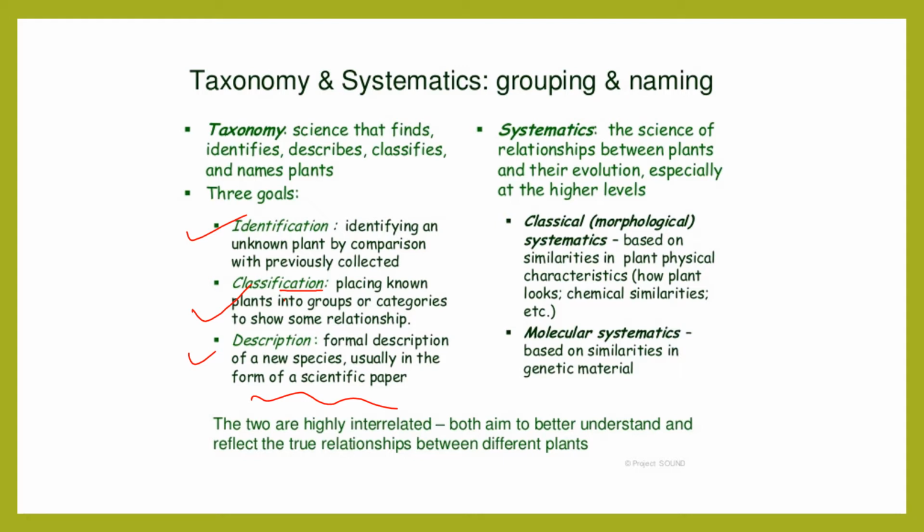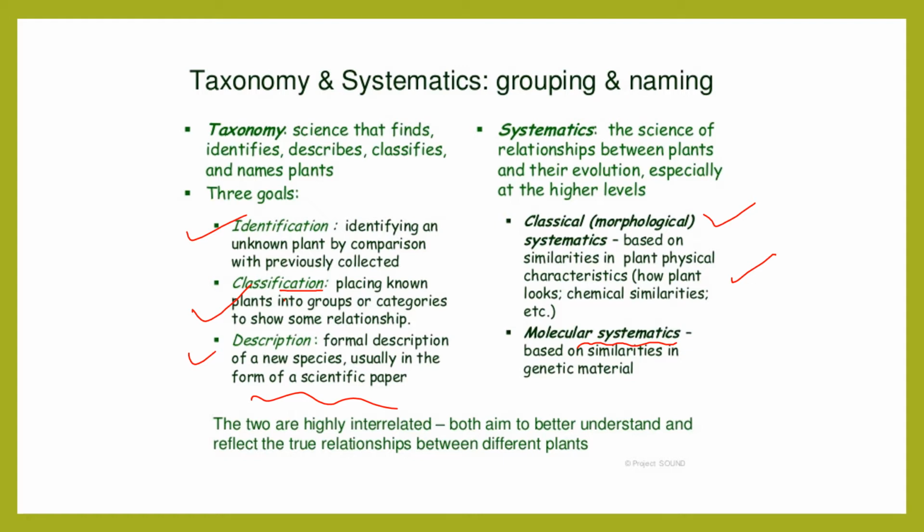It is of a few types, like classical systematics and molecular systematics. Classical systematics is also called morphological systematics. It is based on the similarities in the plant's physical characteristics. At the same time, molecular systematics is based on similarities at the genetic level, or in the genetic material.